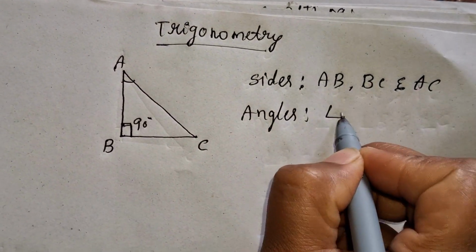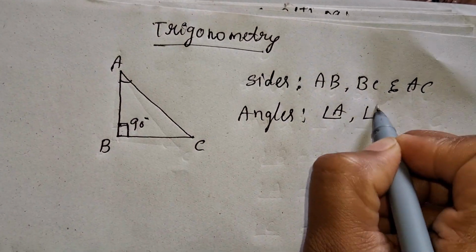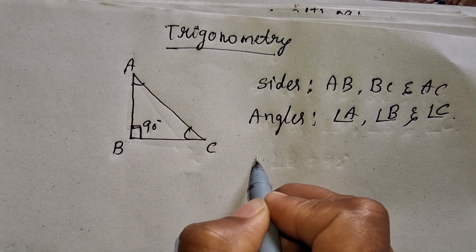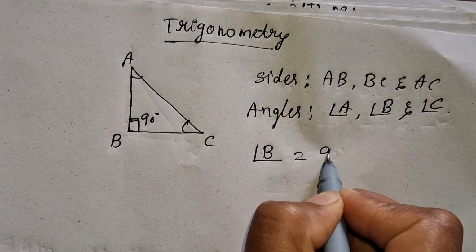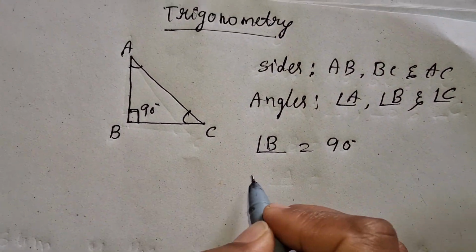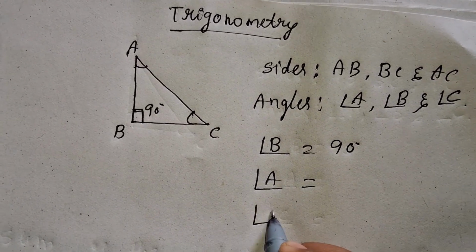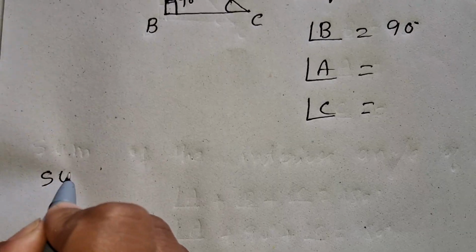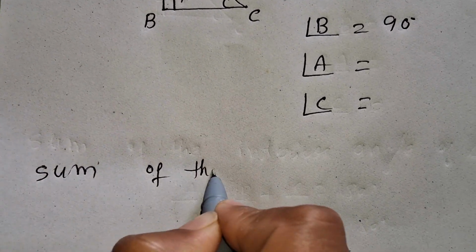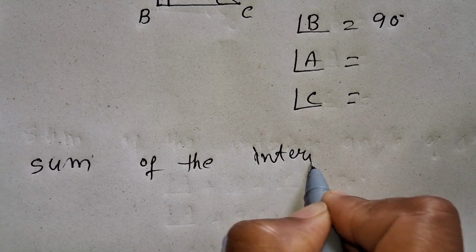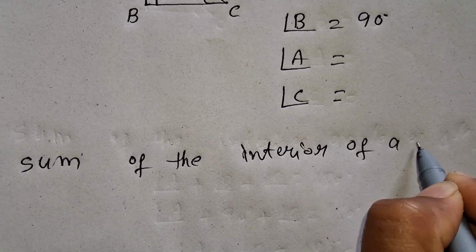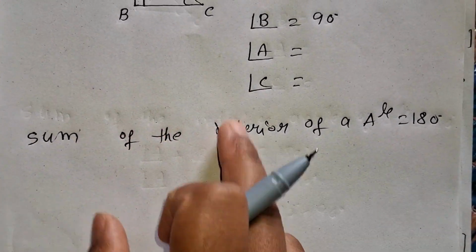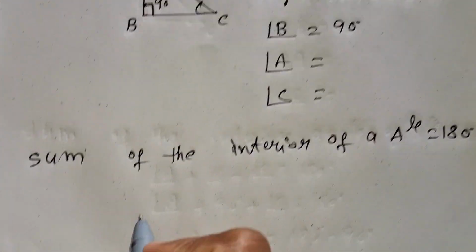Then what are the angles? Angle A, angle B, and the third one, angle C. Angle B is 90 degrees, because that is the right angle. Then how much is angle A and angle C? We know that the sum of the interior angles of a triangle is equal to 180 degrees.